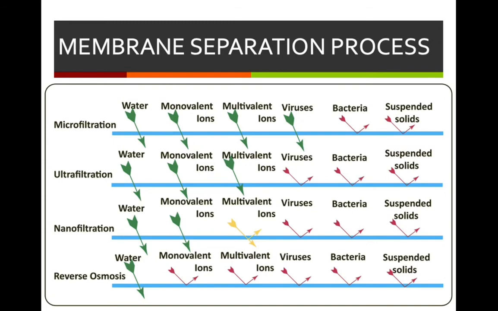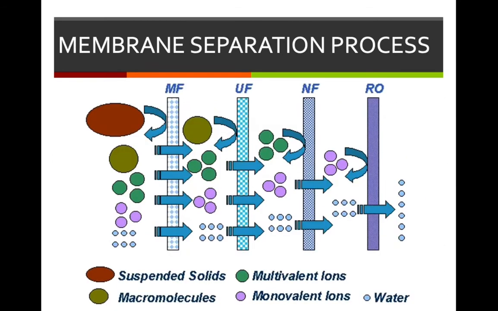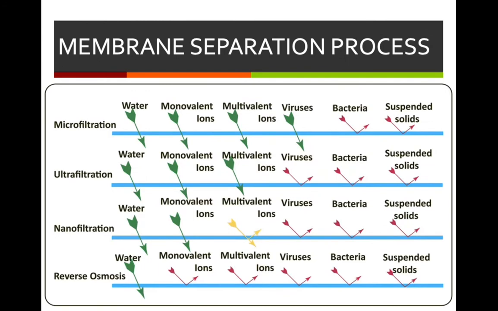This is giving you a little bit more in-depth compared to just now, because just now was giving you an idea of the different sizes, passing from one step to another. But here it's highlighting what can be rejected by different membranes. Even if you are using microfiltration at home, normally they highlight that microfiltration is good for removing suspended solids and bacteria.